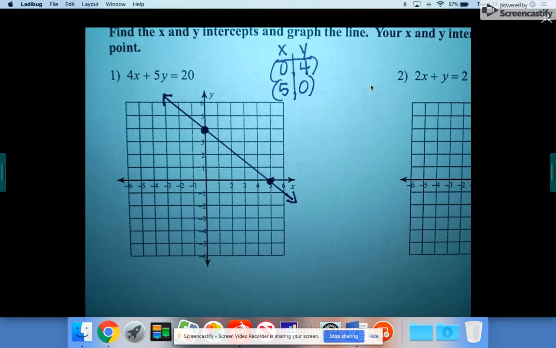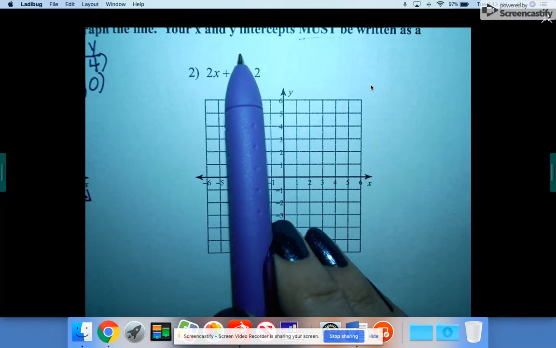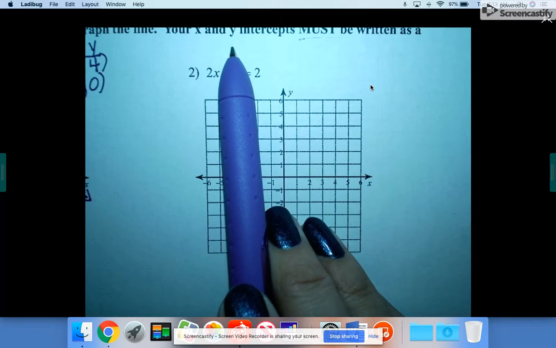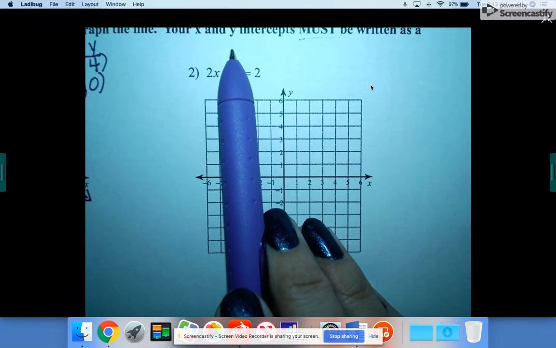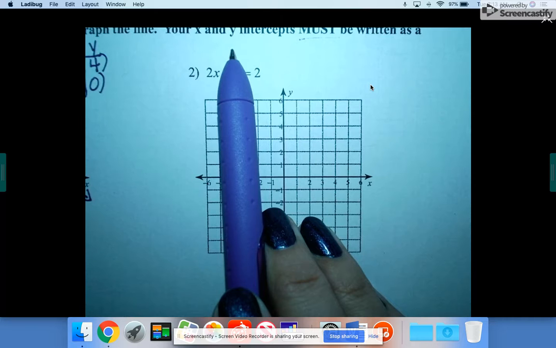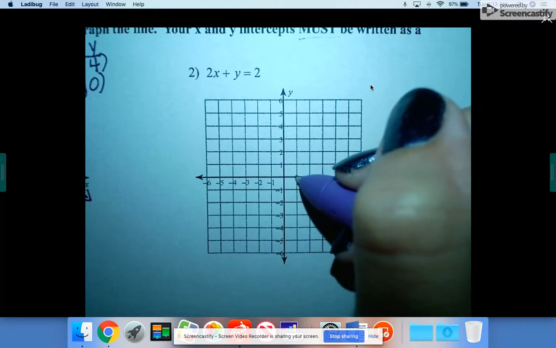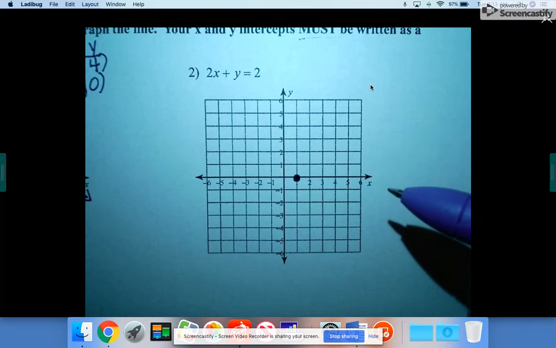All right, let's try the next one. Number 2, if you cover up your y, you're looking at what number times 2 equals 2. So that would be 1, and 1 is x, so your x-intercept is 1, which is on the x-axis.